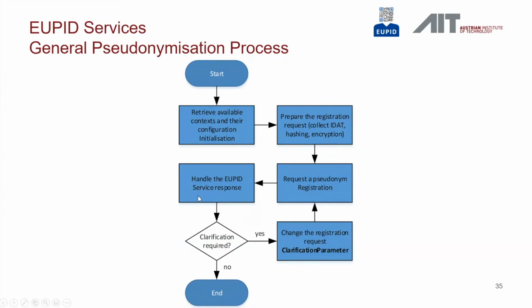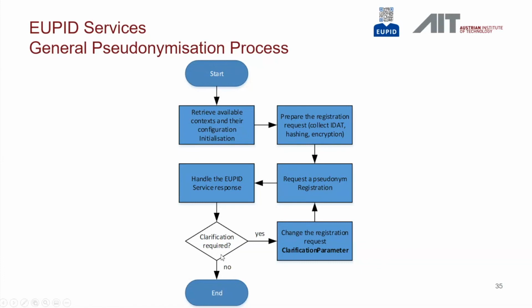Well, then the next step is that you get the response. You get a response code from the EUPID services, and you have to handle this response code. If you got something called 200, then the patient registration was done, nothing else has to be done, but there are a lot of other response codes that could be related to that. It is not really clear, is this one and the same patient? Is this patient already available?